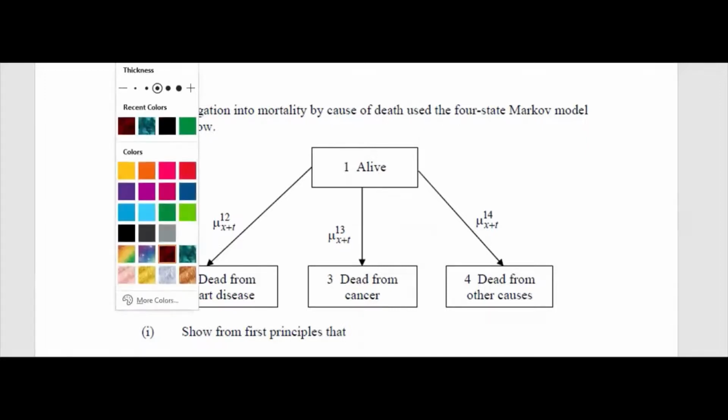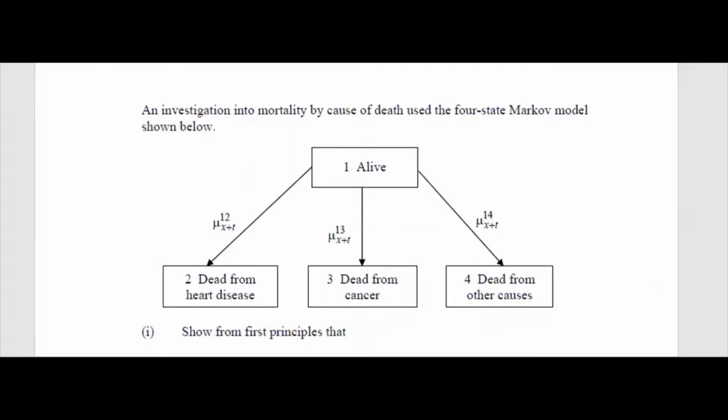Again you remember when you write this one, suppose I write P11 bar T, or maybe if you write P x to x plus T 1 to 1 bar, okay, this one.